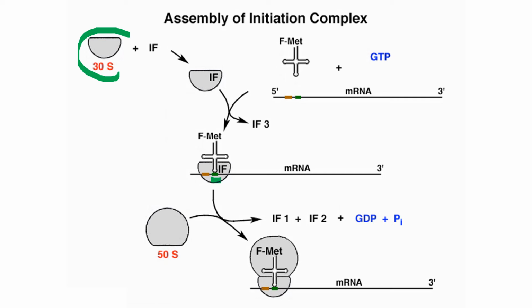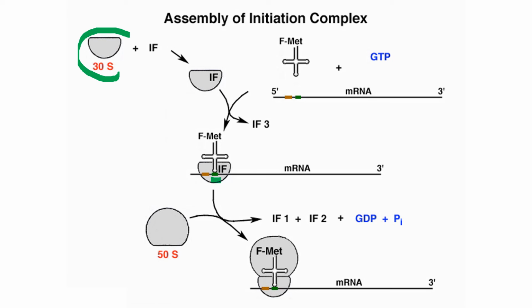Once the tRNA and f-Met are positioned over the Shine-Dalgarno sequence and the AUG, then the 50S ribosomal subunit comes in. The initiation factors IF1 and IF2, and these are proteins, by the way, are released, and GTP is hydrolyzed to GDP and inorganic phosphate.